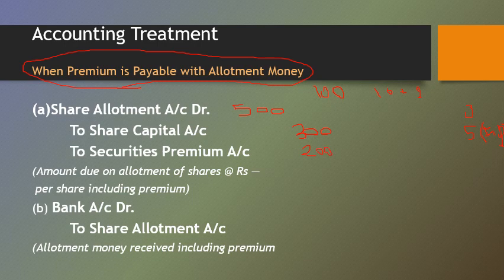This is how we make the allotment due. When the allotment money is received, we get bank account debit to share allotment, rupees 500. This is how we record when the premium is collected along with the allotment money.